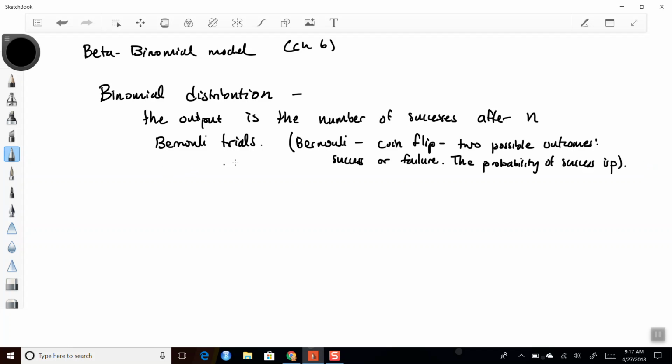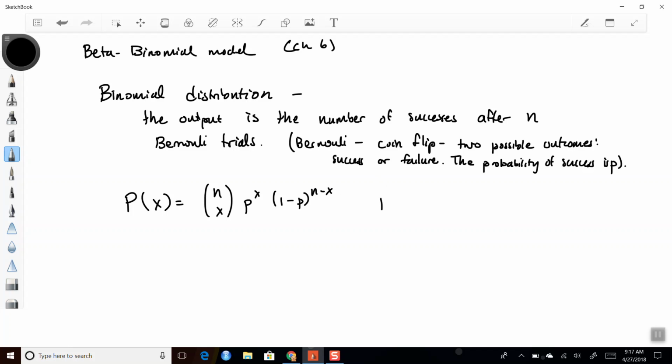So the output is the number of successes after n Bernoulli trials, and the probability of success is P, and for the binomial distribution, the probability of x is defined as n choose x, p to the x times 1 minus p raised to the n minus x.